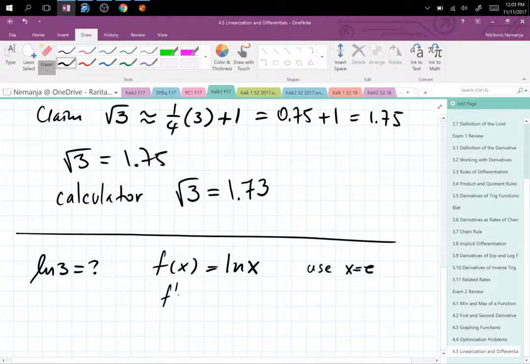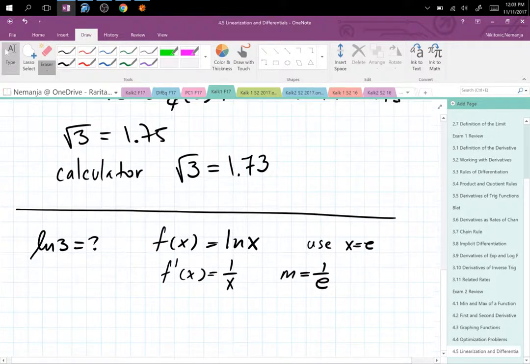So now the derivative is 1 over x, and the slope is 1 over e. So my x value is e, and the y value is when you plug e into the function, you get 1, right? ln of e is 1.